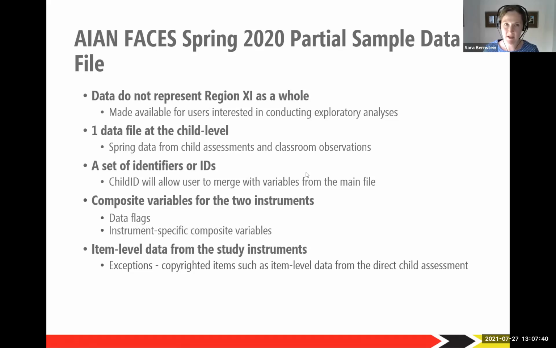Most of the variables on this file are composites because the child assessment is almost entirely, if not entirely, comprised of copyrighted measures where we can't share the item level data, or observation measures where the same would apply. We do have item level data for the native culture and language in the classroom observation, which is an observation that the work group developed for 2015 and then made some updates to for 2019. So item level data will be available for that.